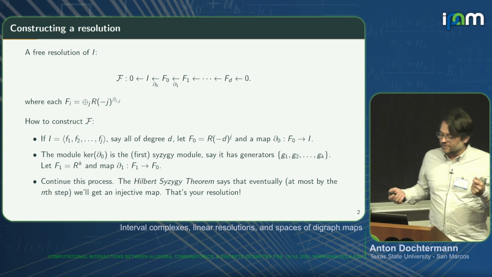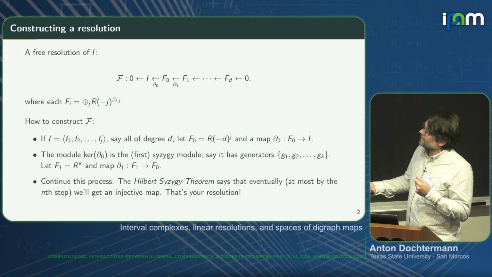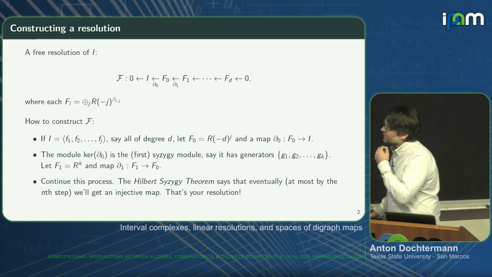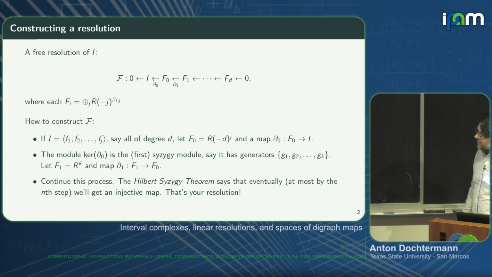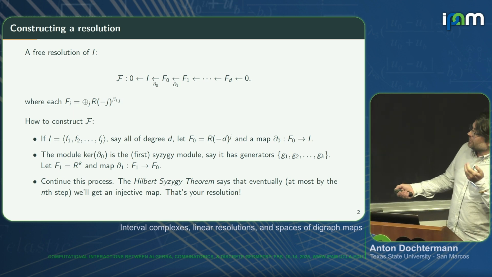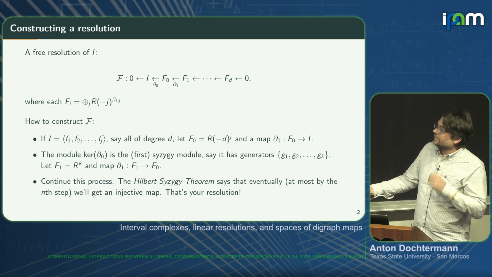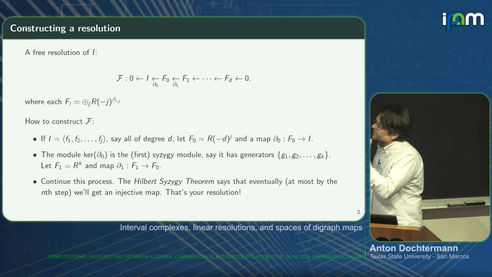So if you haven't seen this before, we're trying to build this long exact sequence. So you've given me this ideal, and how do I construct this resolution? So, for simplicity, let's say that it's generated by polynomials of degree d. And what I do is I just take my first module to be just that many, I have j generators, take j copies of this free object, and just take a map, right?